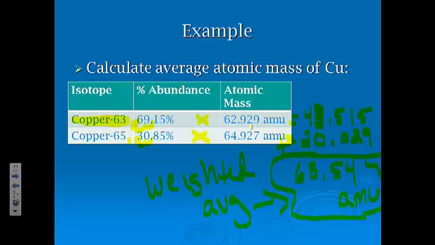Because if I had added these two up and gotten a traditional average, 62.929 plus 64.927, and divided by 2, my traditional average would have been 63.928. And that's not what it is. It's lower than that, and that simply reflects the fact that there's a higher percentage of this, so it kind of pulls the average its way.